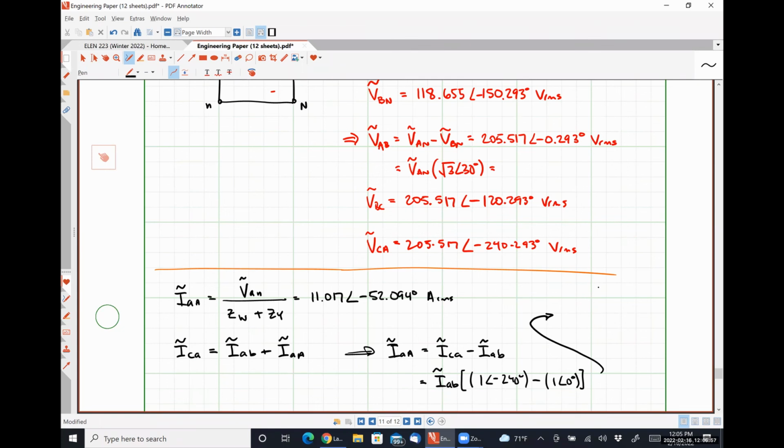So IAB, in this case, is going to be IAA divided by, Ian, you said it was √3 angle positive 150? 150 degrees, okay?